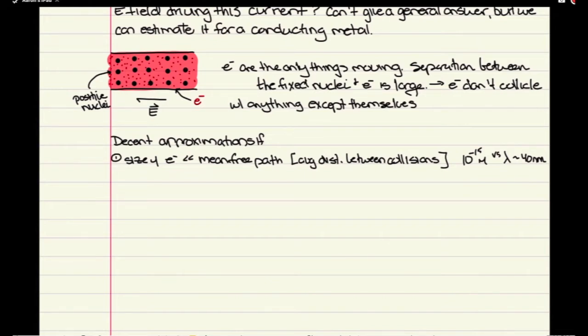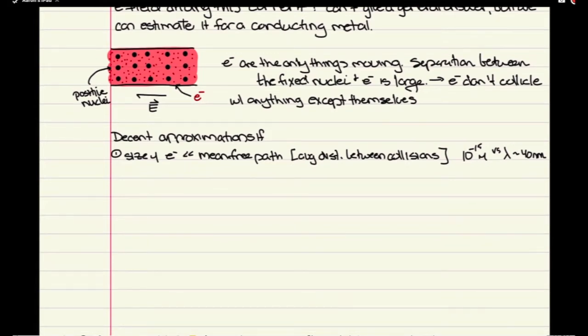There's not a lot of space in between the individual balls in a ball pit, for example. So that would be an example where this approximation is not true. The distances in between individual objects are not much, much larger than the size of the objects themselves.